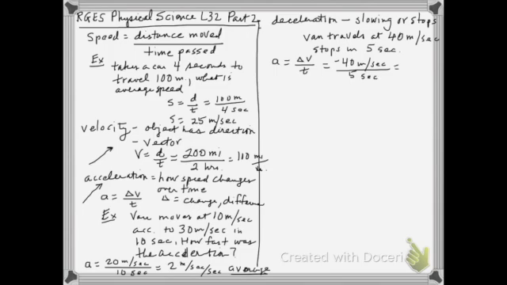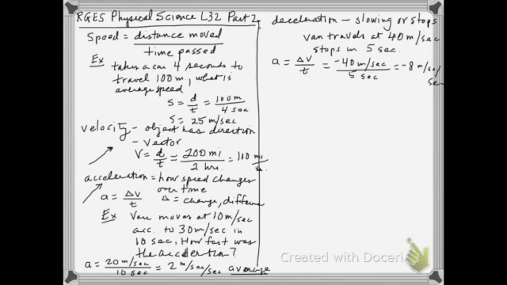Okay, so what's happening is as it slows down, it takes it 5 seconds, 5 goes into 40, minus 40, 8 times, so we have a minus 8 meters per second per second.